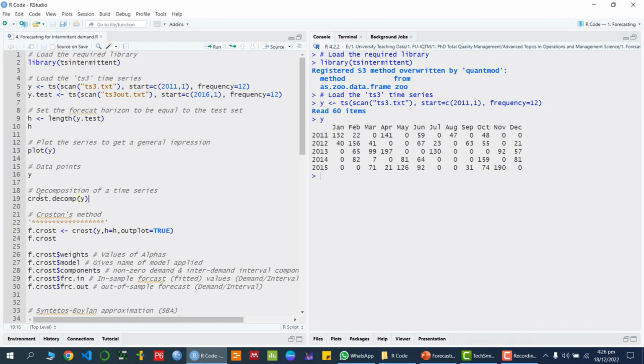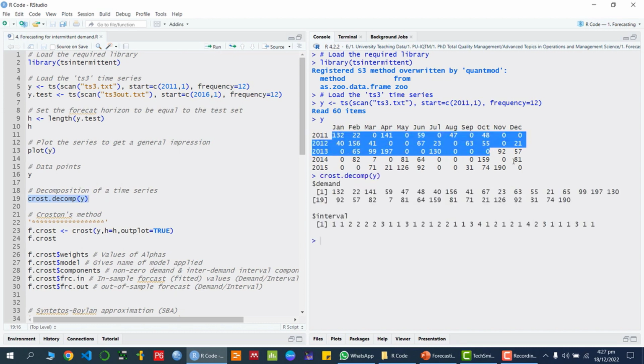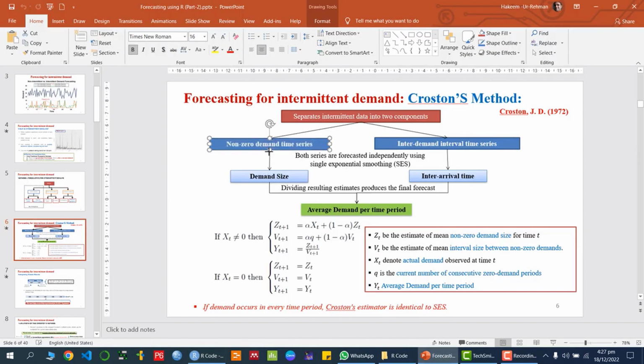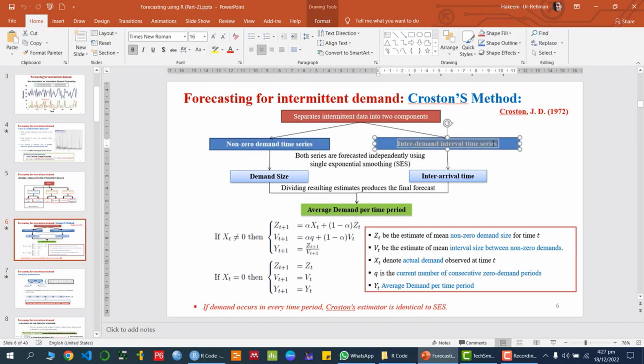We can do that with the help of this function, crost.decompose(y). If I run this, you can see that with the help of this function we have decomposed the series into two: the non-zero demand time series and the inter-demand time interval.